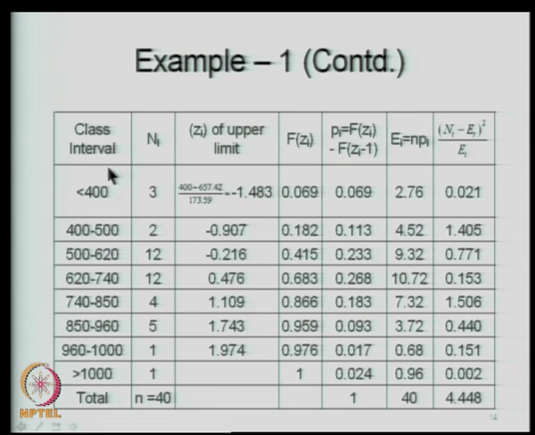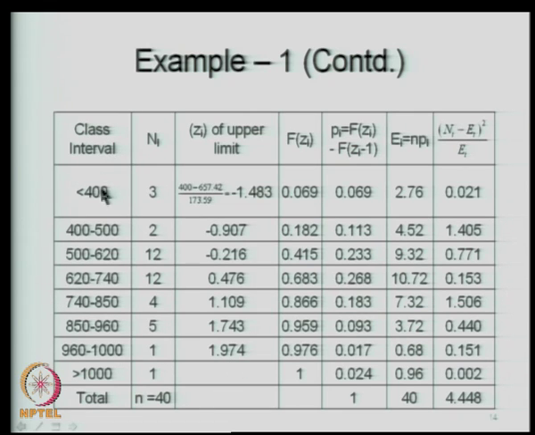So from the theoretical probability you multiply by n, the total number of observations, to get the expected number.